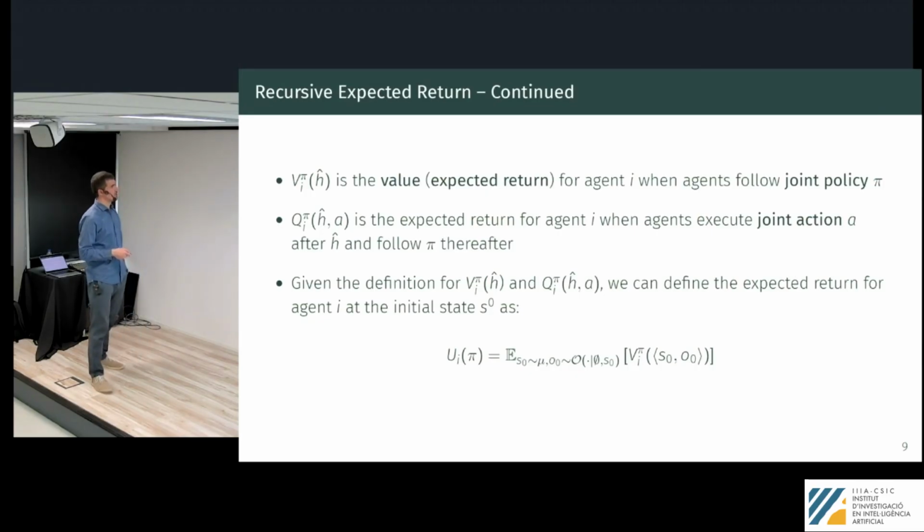Recursive expected return continued. V, as I explained, is the value or expected return for agent I when all the agents follow their policy and the joint policy. Q, as before, is the expected return for agent I when we first execute a particular joint action and then we follow the joint policy pi thereafter. It's the same as V and Q that we had yesterday.